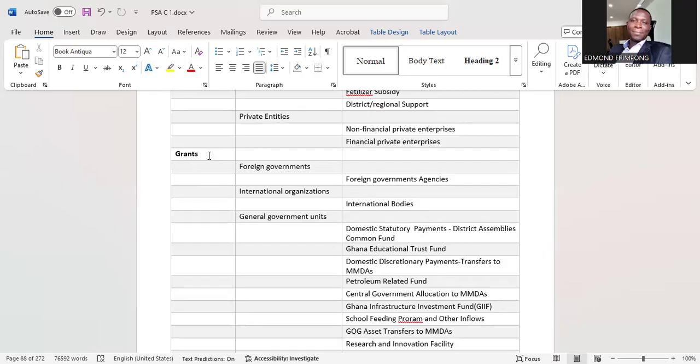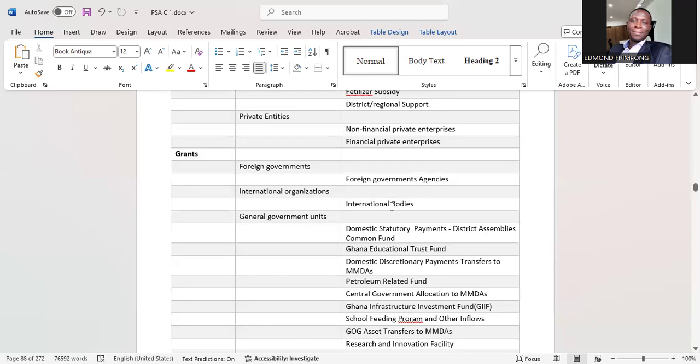An expenditure. As an expenditure, government can make foreign grants. So foreign government agencies, government can pay grants to a neighboring African country that has been plagued by a natural disaster, coup, unstable economy, and all those kinds of things.